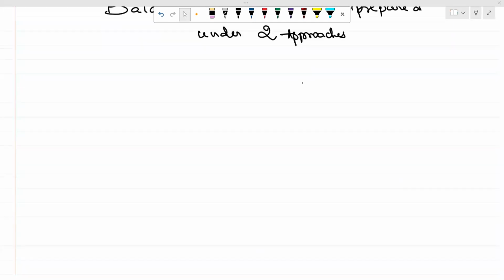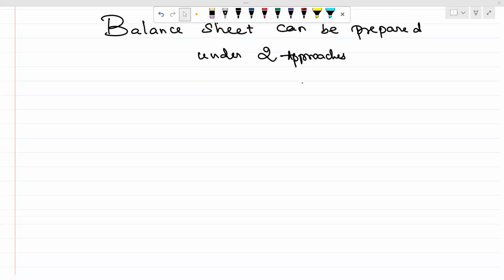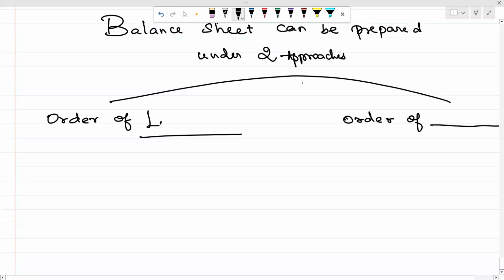Here we have two approaches: one is order of liquidity, and the next one is order of permanence.